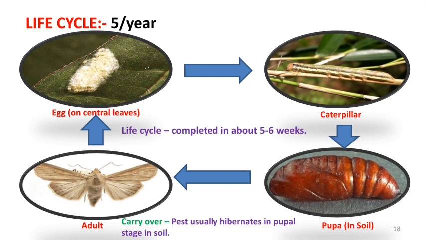Then the caterpillar is nocturnal in habit. They feed on the leaves from the margin up to the midrib only at night. The pupation of this pest takes place inside the soil. This pest also hibernates as pupa in the soil to carry over to the next season. It means that the carryover stage of this pest is the pupal stage.